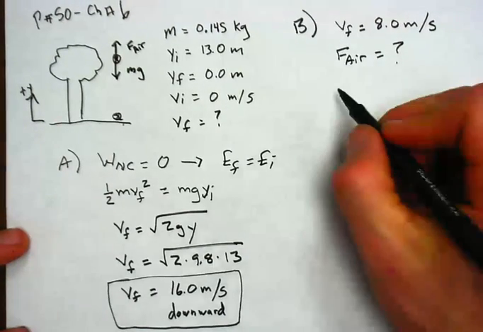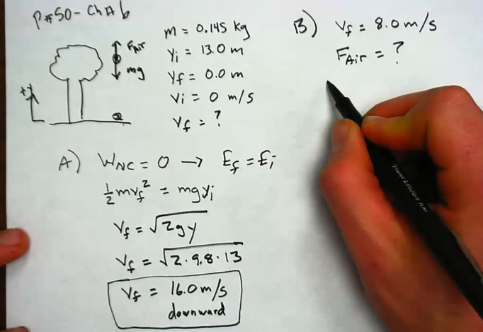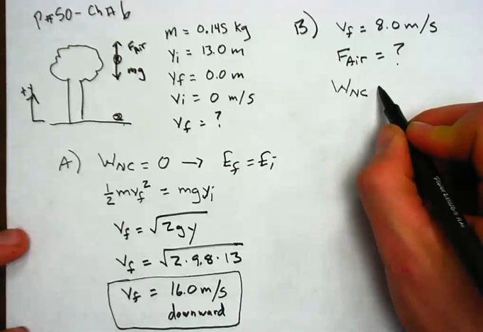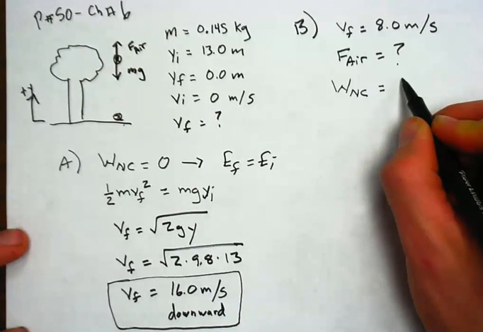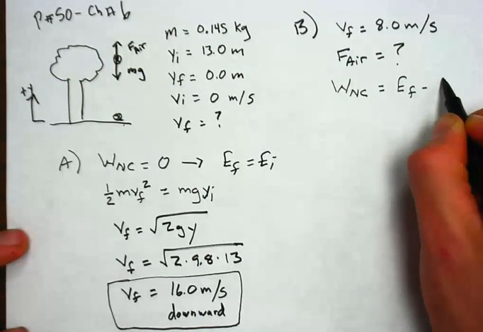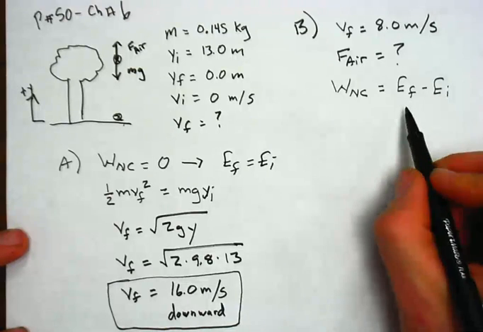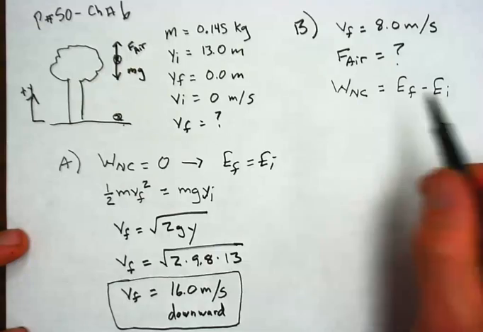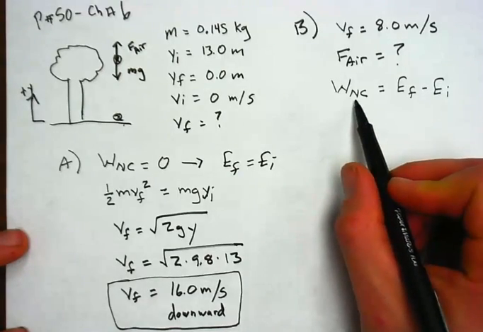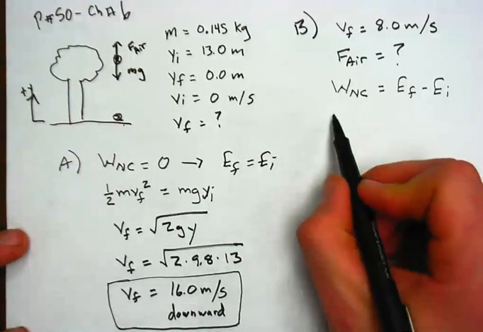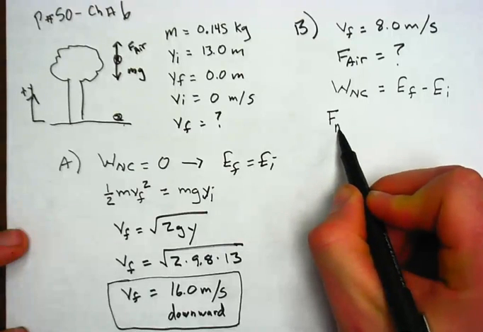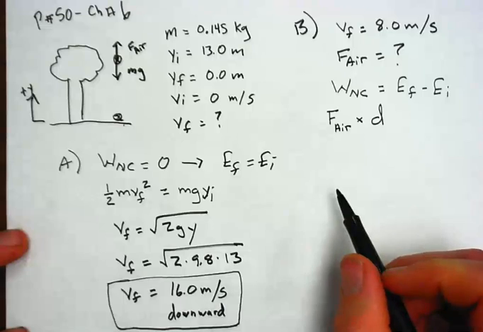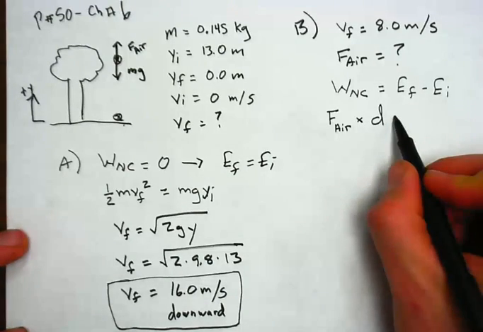Well, here what we can say is the work done by non-conservative forces is not 0. That is, the final mechanical energy will not be equal to the initial mechanical energy. Also, we can say that the work done by non-conservative forces would be equal to the force of air resistance times the distance over which that force acts.